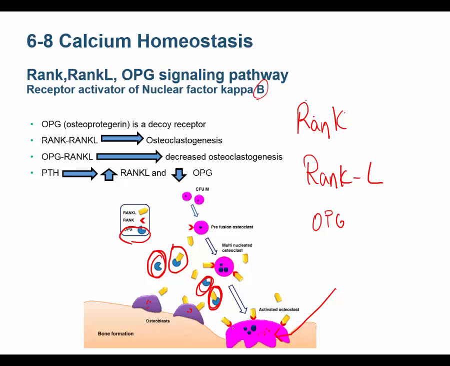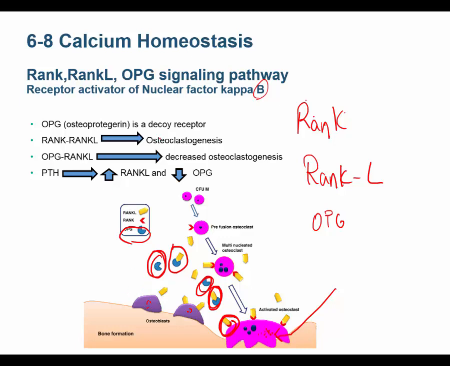So see, here's an activated osteoclast. This is RANK and RANK L bound together. That's my activated osteoclast. But it only can activate the osteoclast if RANK binds RANK L. So what does OPG do? It keeps RANK L from binding RANK, and I never activate my osteoclast. That's what it does. So I know how I activate my osteoclast. Okay.